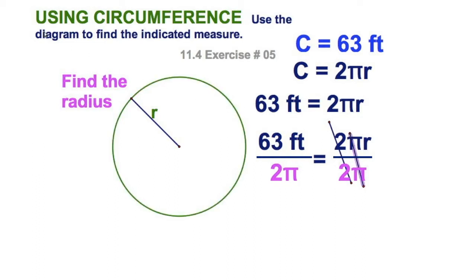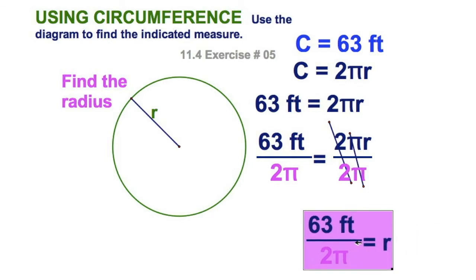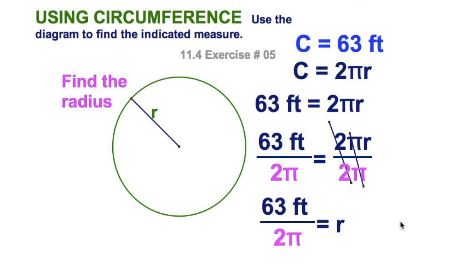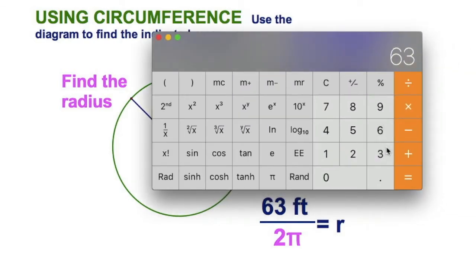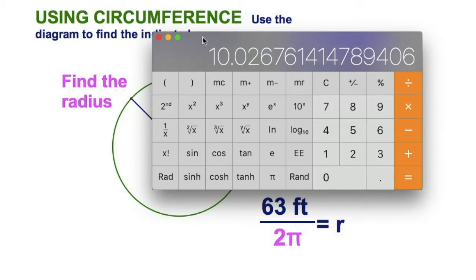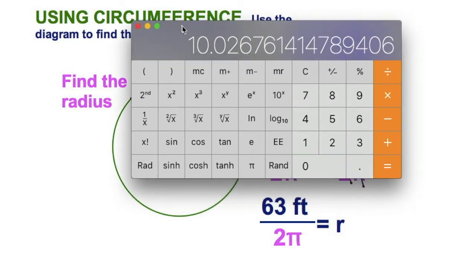Now you've got to divide 63 by 2 pi, which could be a little messy, but not really. We'll do it like this: 63 divided by 2 divided by pi. And there you go, to the nearest tenth, 10.0.